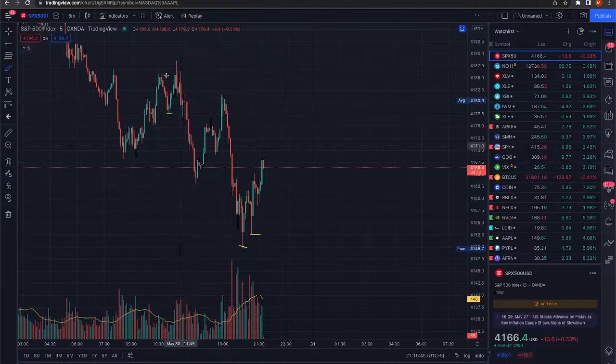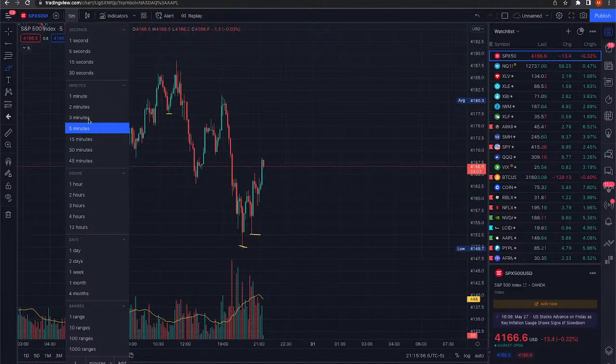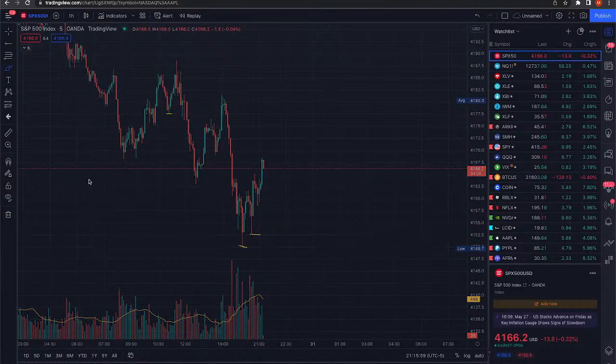So pretty much the 5 minute is lost, right? After the 5 minute uptrend ends, then you switch over to the 1 hour, or at least that's what I do.